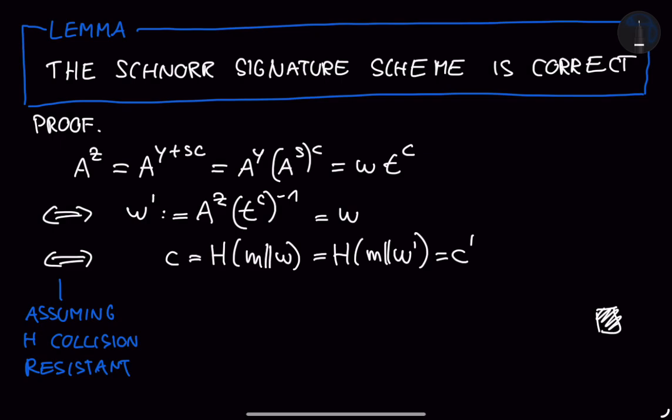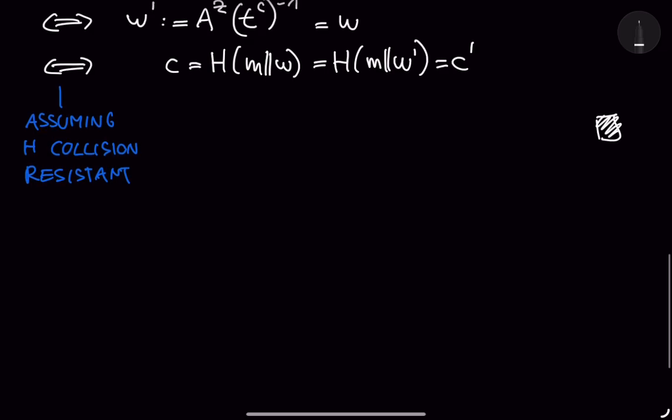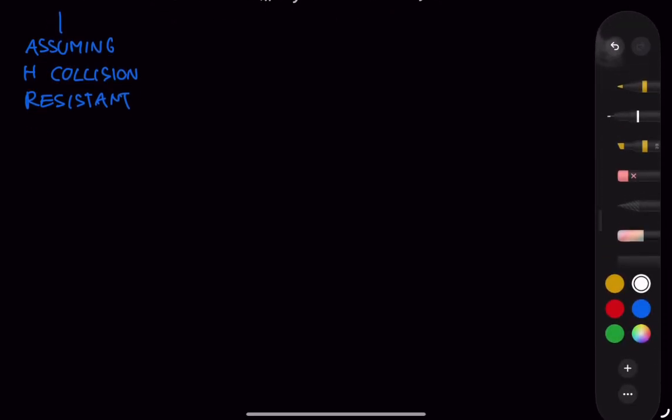Okay, so this is the major part. We have the Schnorr signature scheme, and from this scheme, which is correct, we are developing another scheme, which is finally the Dilithium scheme. So let's call it from Schnorr to Dilithium.